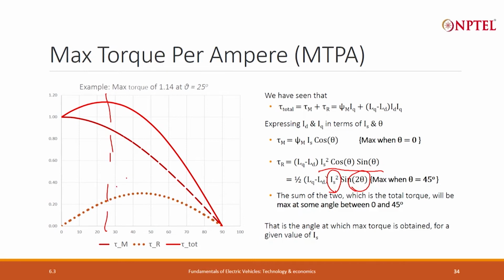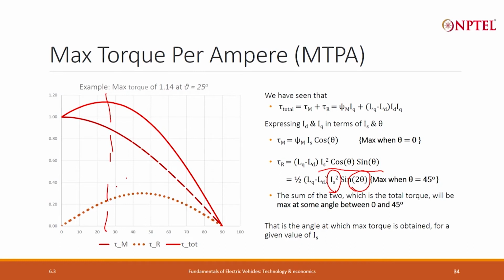I am getting 14% more torque than I would have got if I did not use phase advance to exploit the reluctance torque. If I only focused on the magnetic torque, I would have got a torque of 1, but I am now getting 14% more torque.